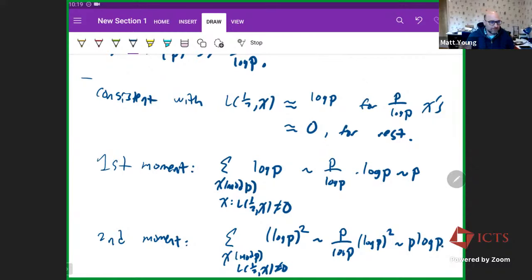So if the only information you have about your L functions are the first and second moments, then we can't conclude anything stronger than this corollary, because the corollary is consistent with these two models, which are consistent with the first and second moments that we developed. Next time I'll talk a little about how we can improve on this with some extra information and other sorts of things.